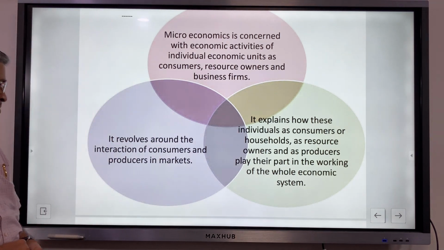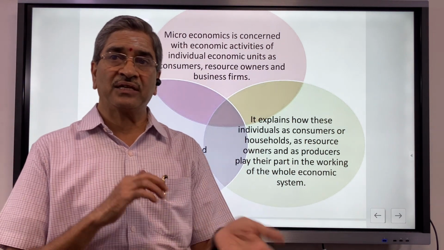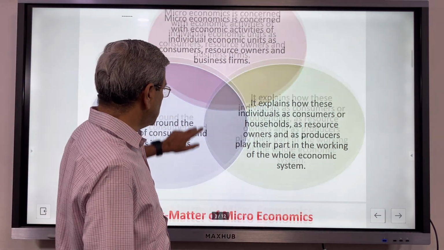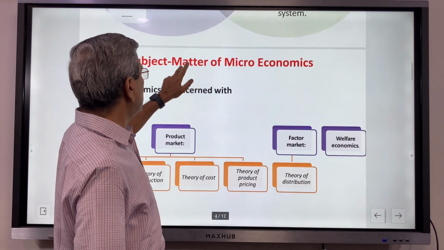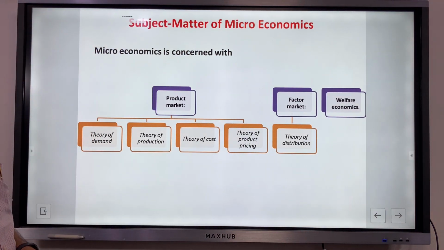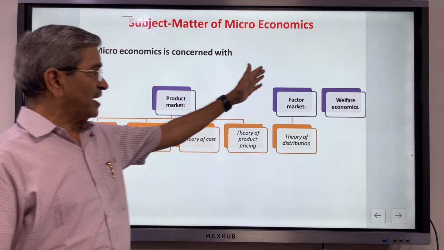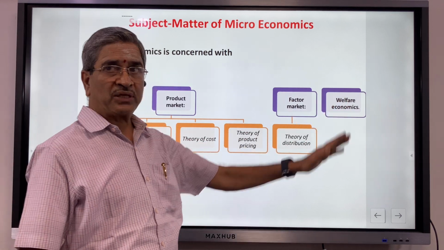It revolves around the interaction of consumers and producers. What is the interaction between these two? So when we talk about the subject matter of microeconomics, it is concerned with the product market, factor market, and welfare economics.